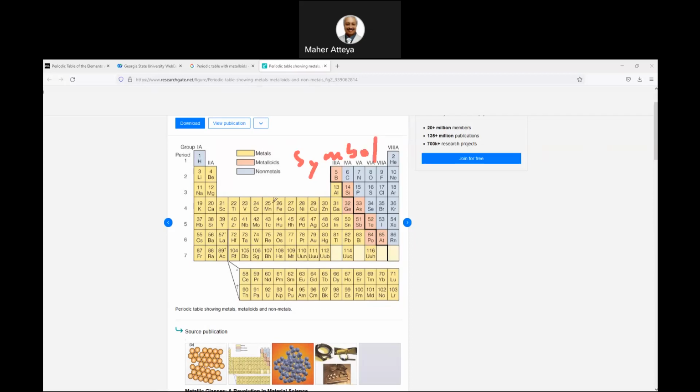And on the top, if you look like this, those increasing numbers are called atomic number. So let me say lithium, like lithium here. I can write it this way, or this way.